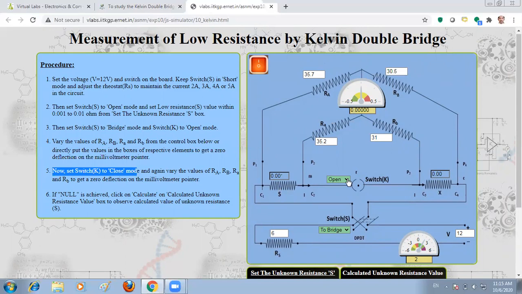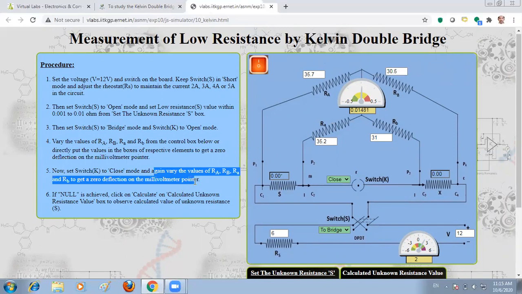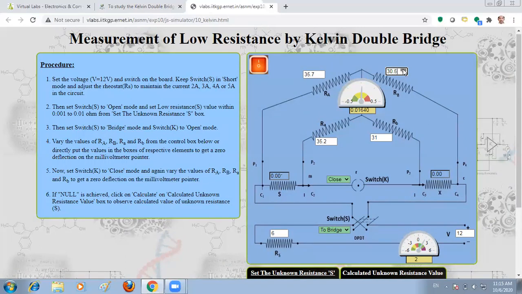The next step is to set switch K to close mode, and again vary the values to get a zero deflection. Now again I am setting this value.